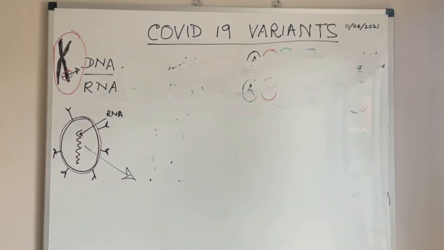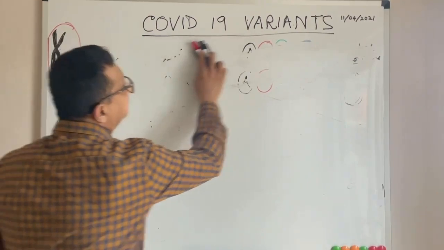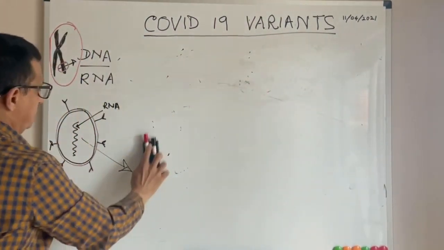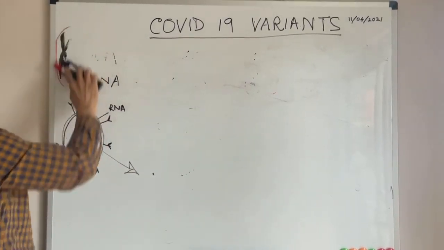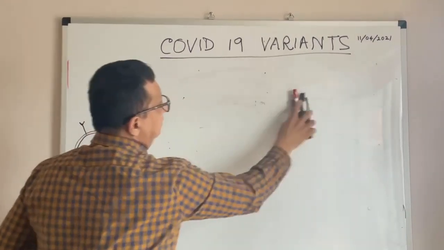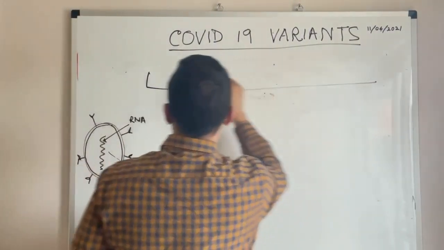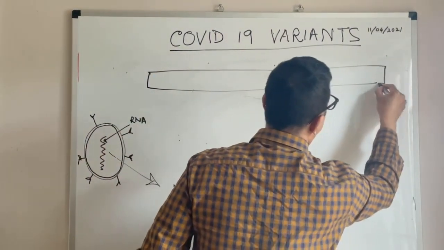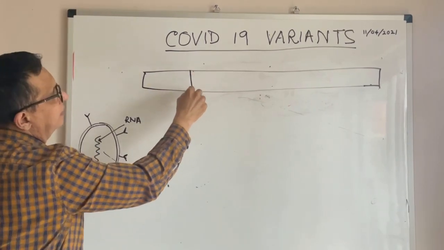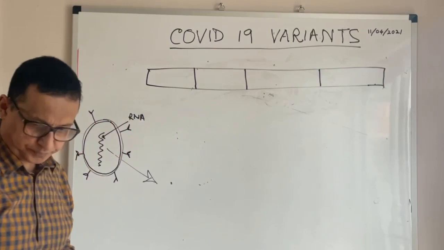Now we are going to look into this genome in further detail. Basically, the COVID-19 genome contains 4 main parts: 1, 2, 3, 4.